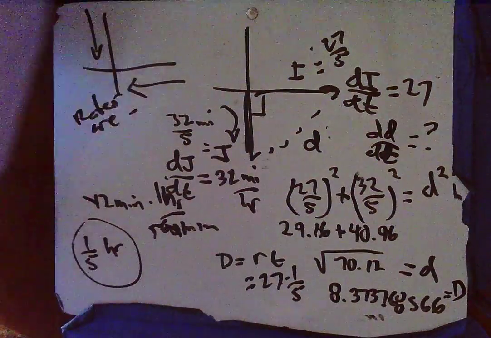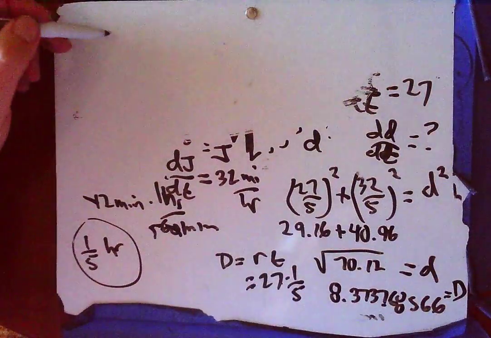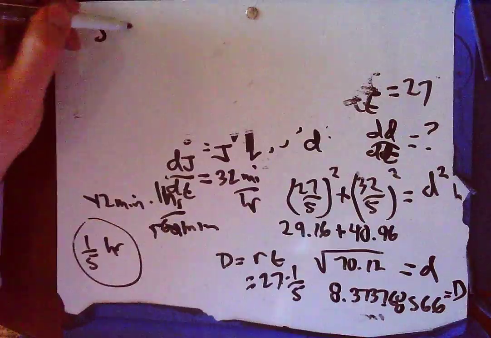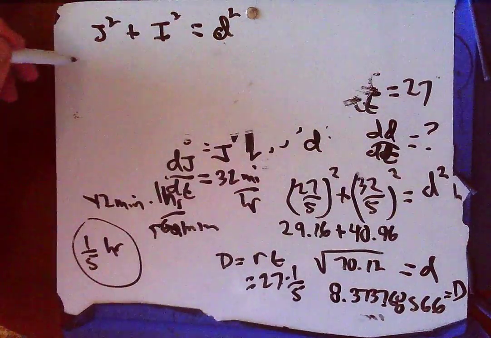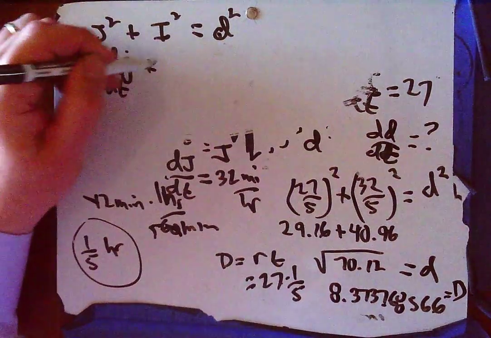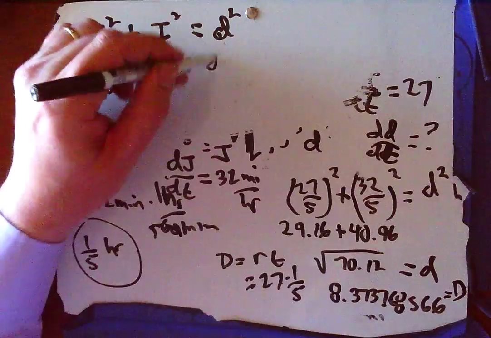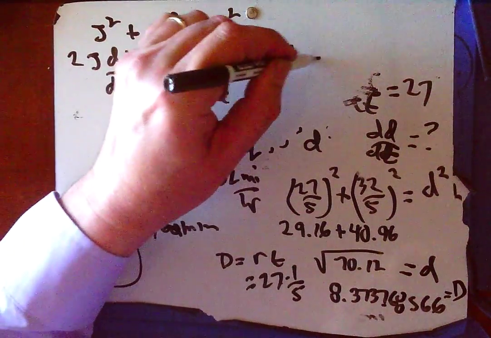So let's see what happens. Okay, so we've got j squared plus i squared equals d squared. 2j dj/dt plus 2i di/dt equals 2d dD/dt.